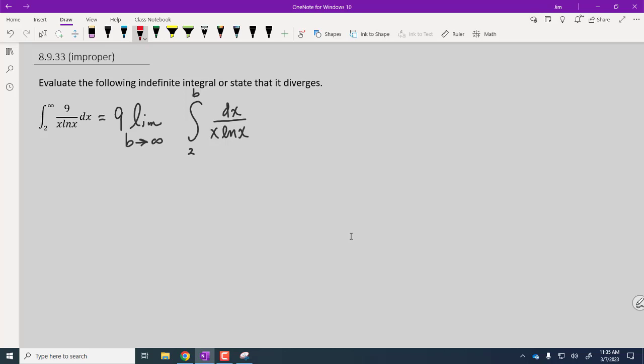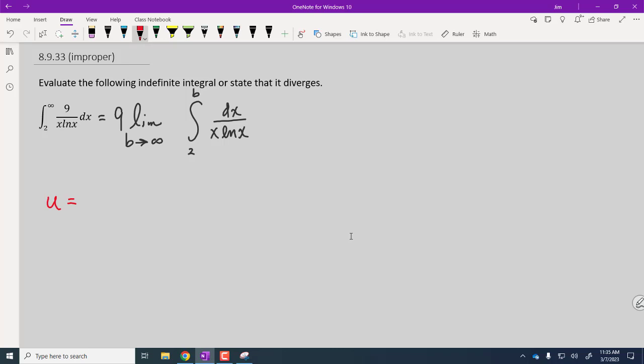Log form. It's not going to be log form because the numerator is not the derivative of the denominator. Right? So for log form, the numerator has to be equal to the derivative of the denominator. The denominator is a product, so its derivative is going to be product rule. So what we're going to use is just u sub.